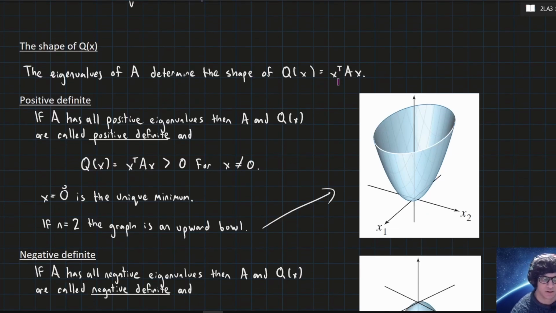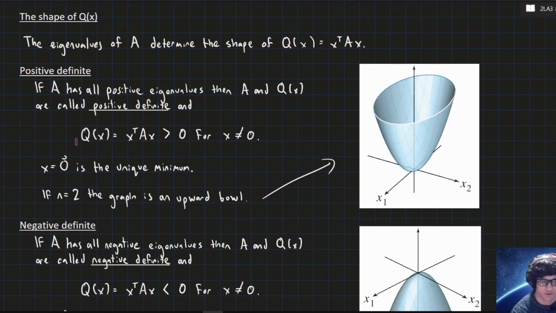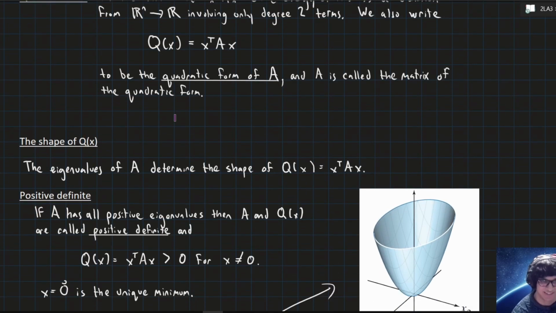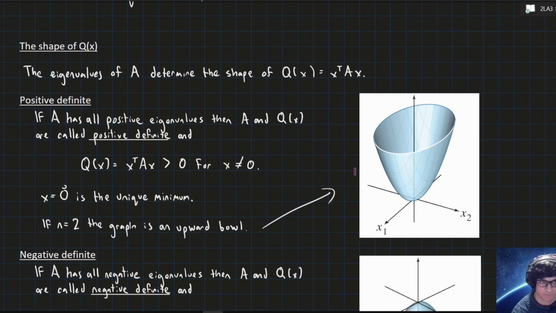What I want to emphasize here is that all that information for quadratic forms like this is embedded in the matrix. It's embedded in the eigenvalues of the matrix, and whether they're positive, negative, or 0.